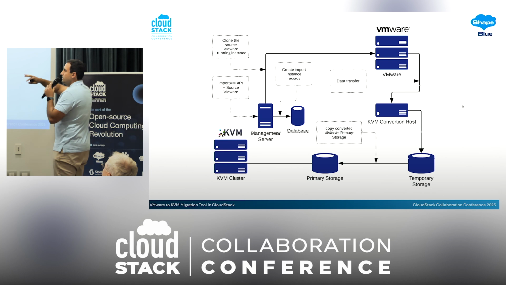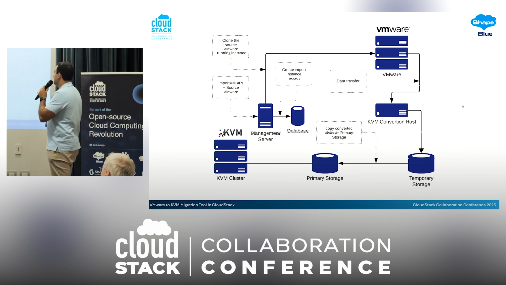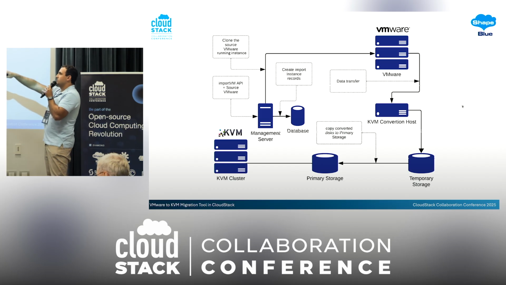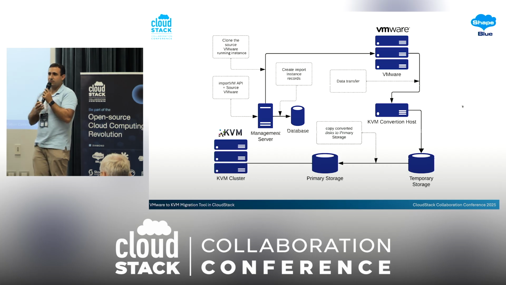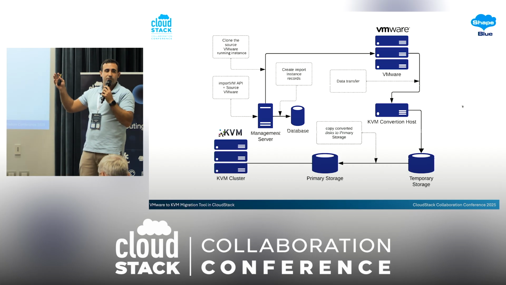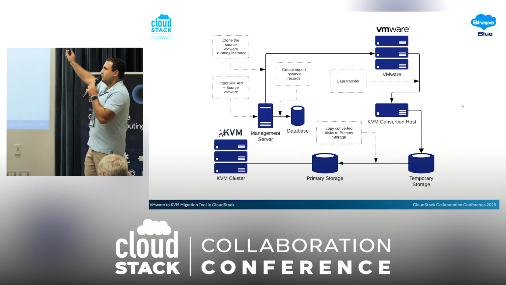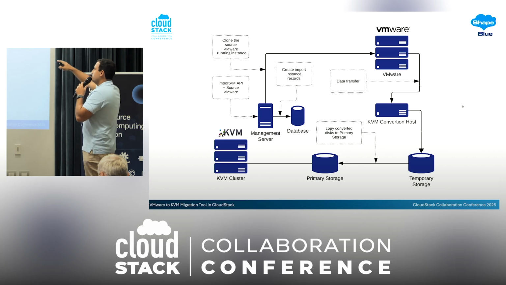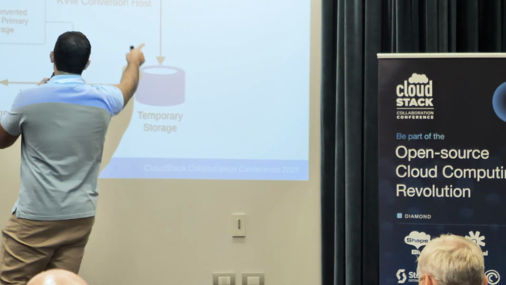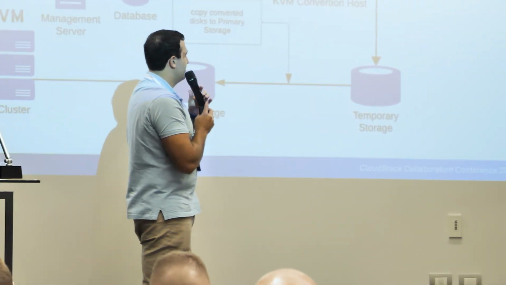So very briefly, this is a diagram of how the migration works. Basically, CloudStack connects to the vCenter. It will clone a source VM in case it is running. If the source VM is not running, it will export it through OVF tool. It will do the conversion on the conversion host, by default into a temporary storage.